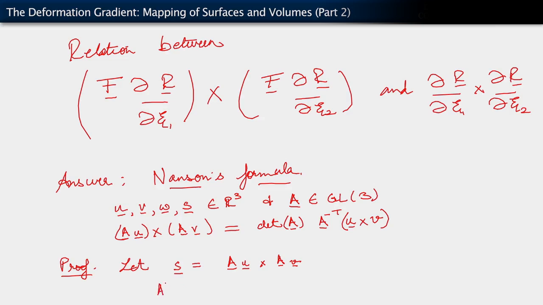A transpose S, therefore, is A transpose acting on the cross product of AU with AV. Now, on the left-hand side and right-hand side, we have vectors. The left-hand side vector is A transpose S, and on the right-hand side, we have what we've written. So these are vectors. We're free to dot them with another vector. That's what we're going to do.